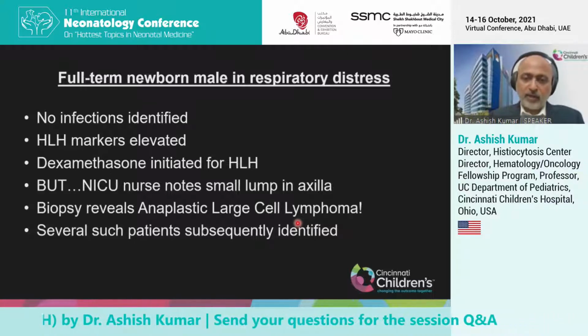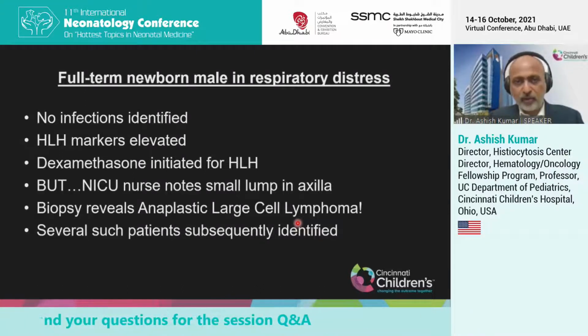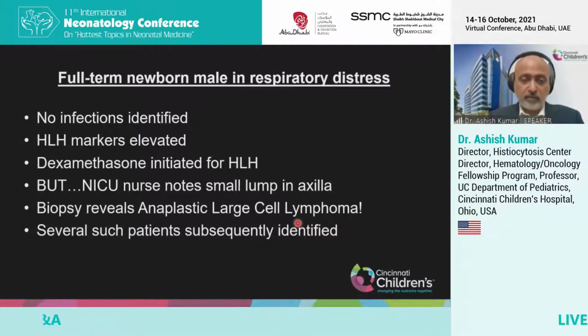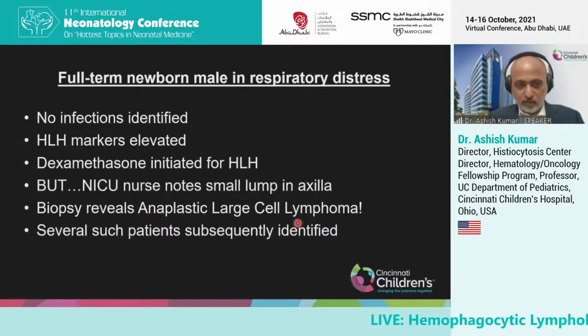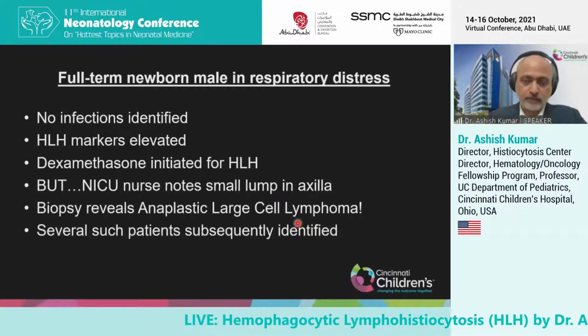And we subsequently have identified several such children. Two of them were newborns. This child had a lymphoma, another baby had a leukemia, that were all initially labeled as HLH, and they were all treated. But some of them were older children as well, and they were all diagnosed and treated as having HLH due to the HLH-2004 criteria, but they all had either underlying malignancies or infections.